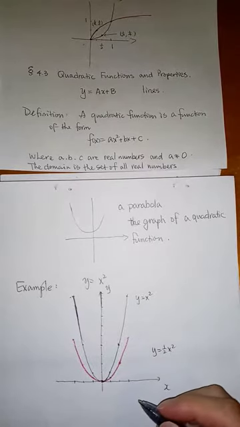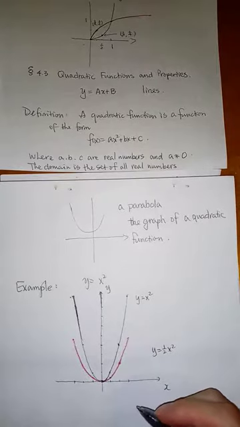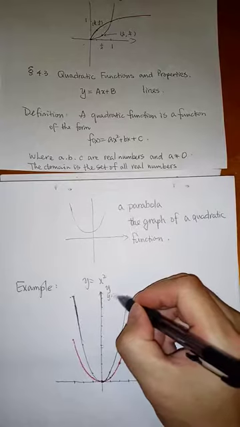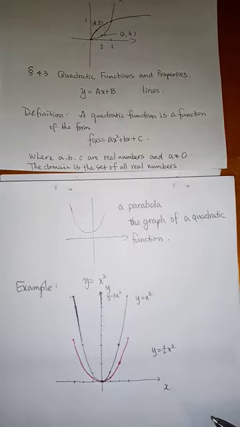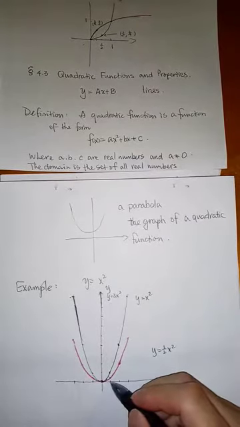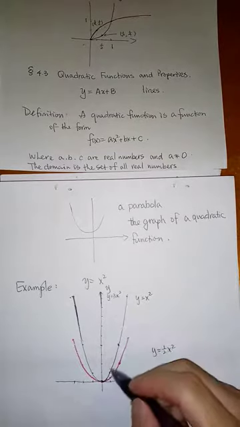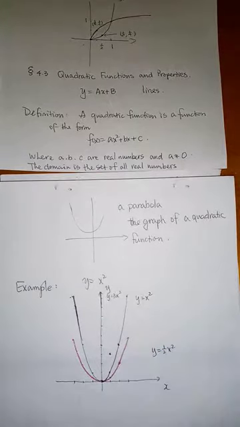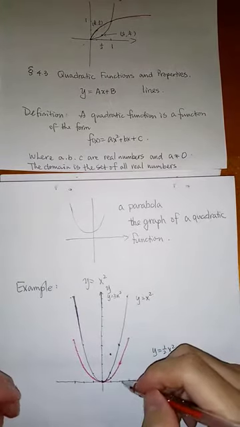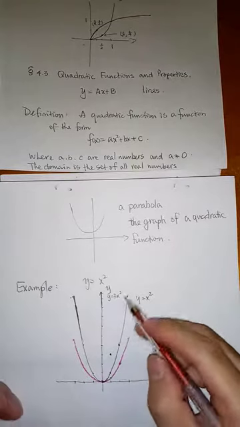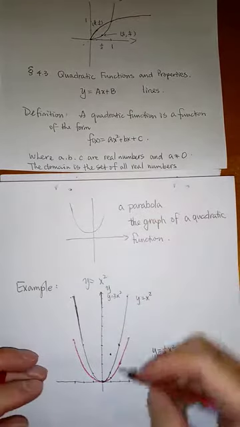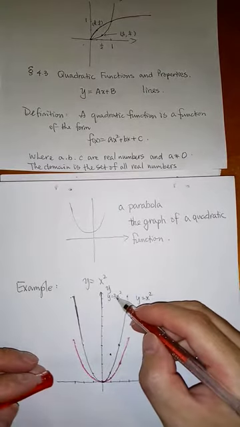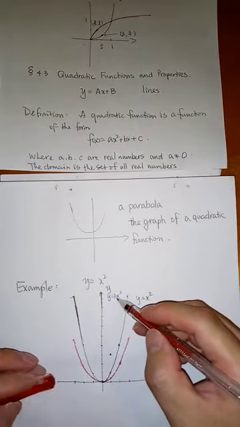And if you want to sketch the graph y equal to 3x squared, well, let's see. When x is 1, 1 squared is 1 times 3 becomes 3. It's here. We don't have enough space to label. You see here, when x is 2, 2 squared is 4, 4 times 3 is already 12.